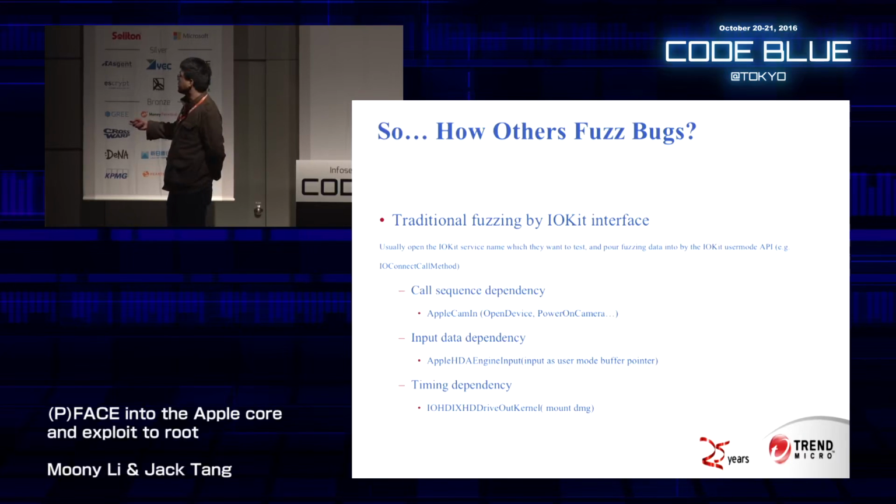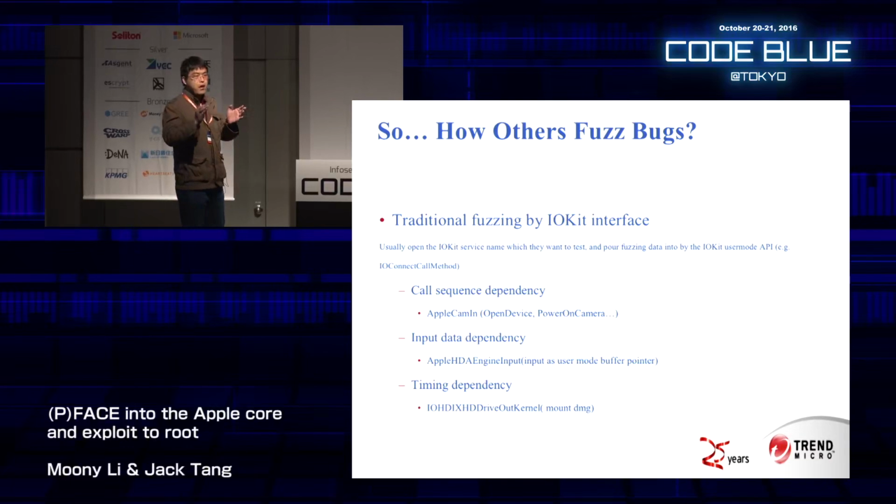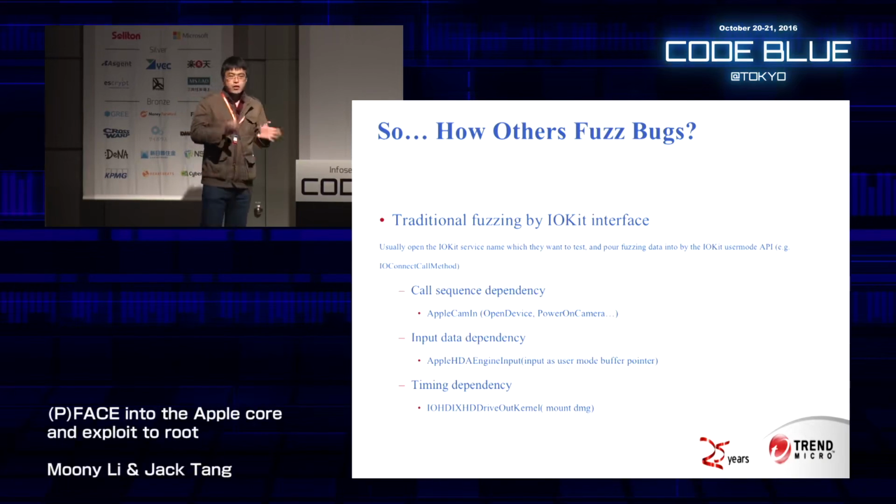And there also exists the input data dependency. Take the Apple HDA engine, for example. There exists one parameter which must be allocated from the user mode, and this buffer is transferred as a pointer to the kernel mode. So if this buffer is not correctly allocated from the user mode, then any call to this service would fail.